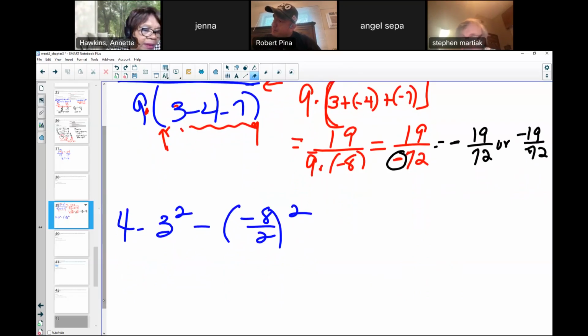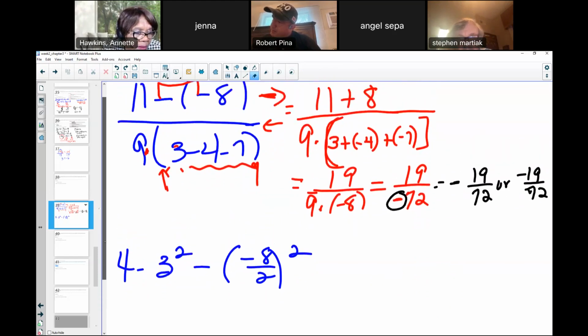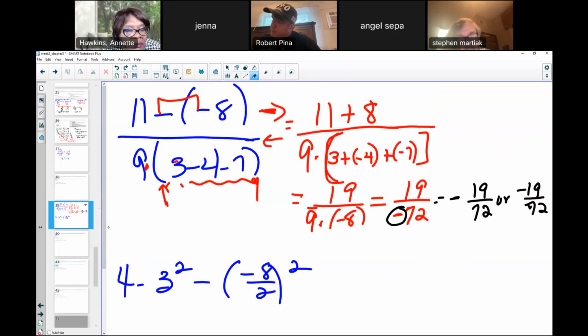Professor, yes, question. In the blue parentheses, is 3 minus 4 minus 7. Mm-hmm. So, can you explain the difference? Maybe I'm a little late. Can you explain why we put parentheses, make it negative 4, and then add it rather than just doing straight subtraction?